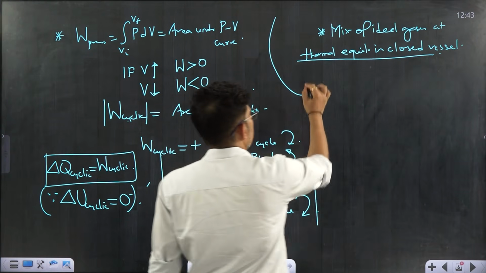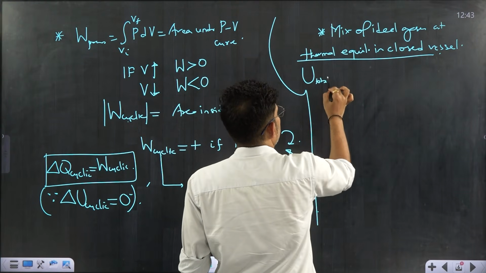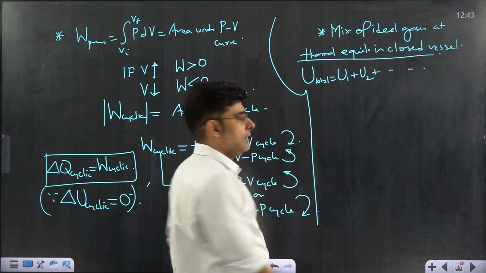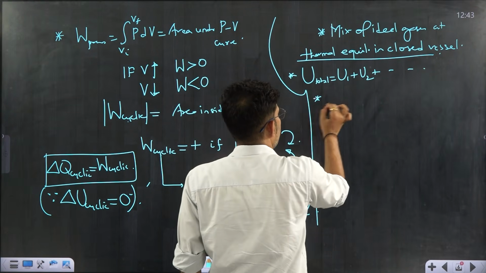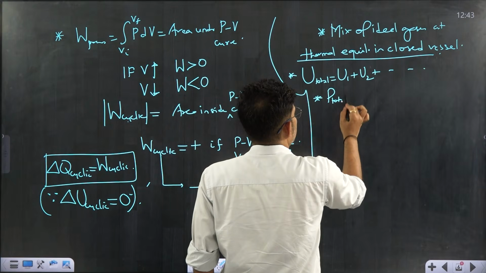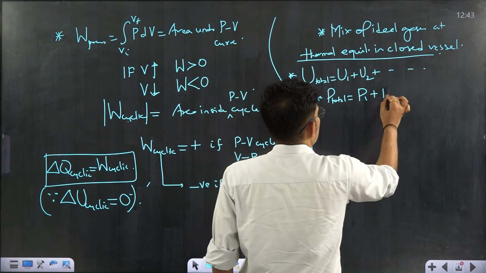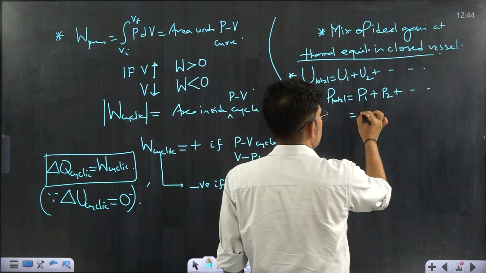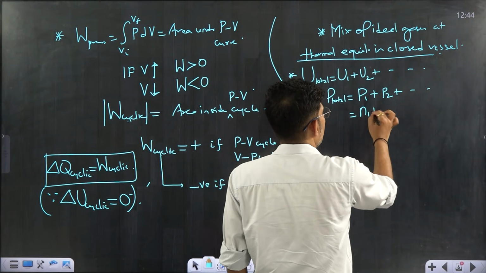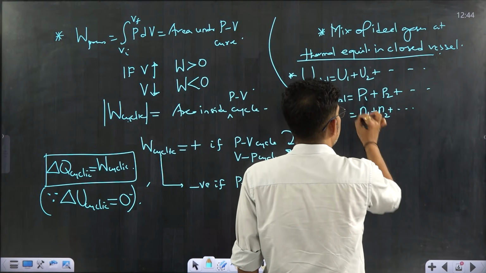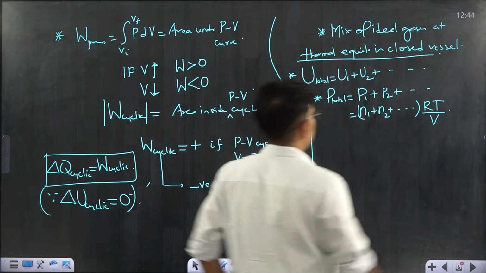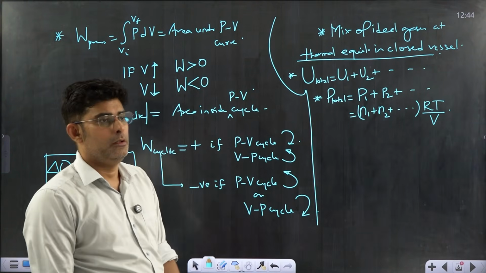First of all, when we write the total internal energy, you will take the sum total of all the internal energies. Next thing, when they are asking you total pressure, Dalton's law, sum total of individual pressures. But we know that pressure is nRT by V, so everything is same, only the moles can be different. Sum of all moles into RT by V. This is total pressure.